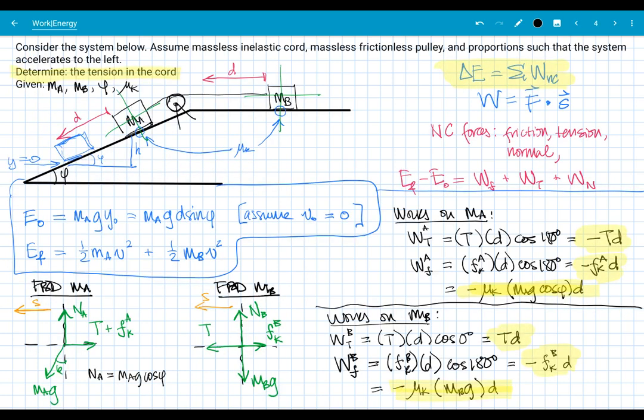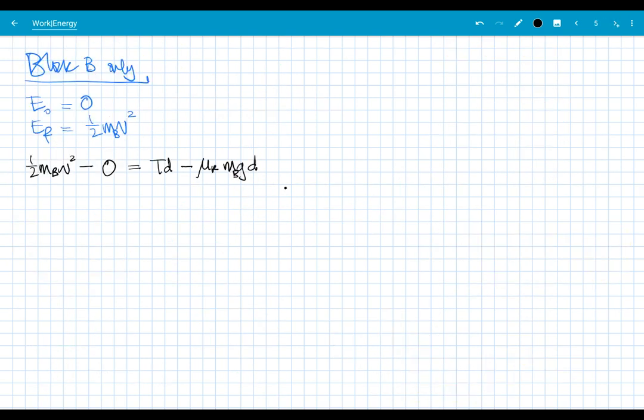Positive work done by tension and negative work done by friction. Okay, so this should allow me to get an expression for tension at least, and then we'll see where we go from there. Sometimes it's useful to just get an expression for the thing you want and then see, am I done or am I not done? So TD, if I'm going to solve for that, then that'll be equal to my kinetic energy term plus work done by friction.